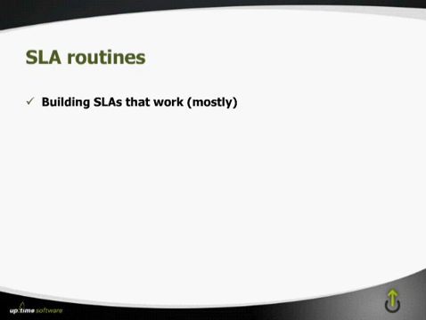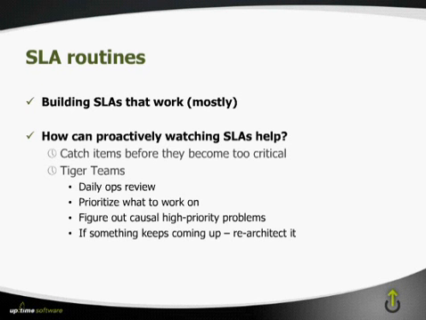One other thing I want to address is how can proactively watching SLAs help you out, right? So let's say we've built up a series of SLAs. We've built up a series of how we monitor our applications. So how do we catch things before they become too critical, right?